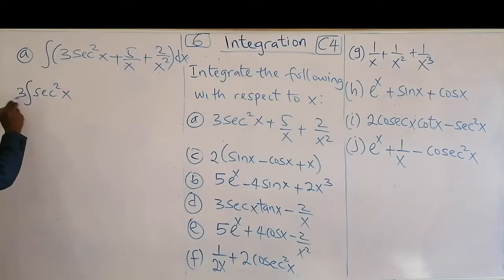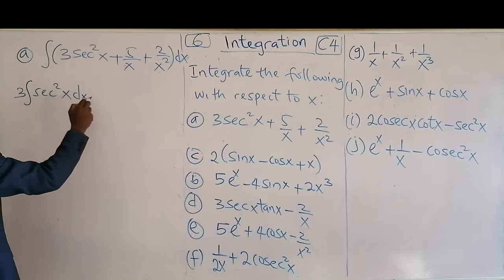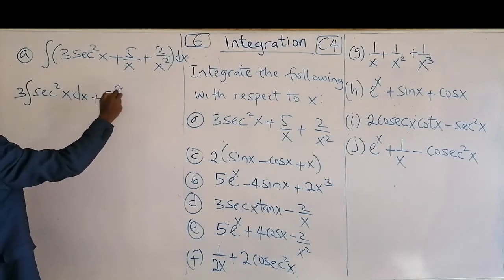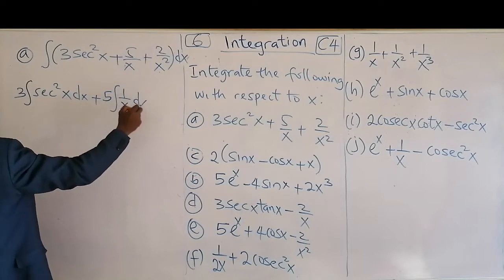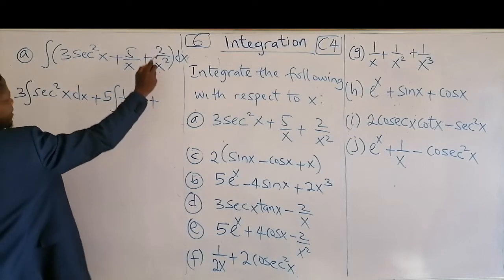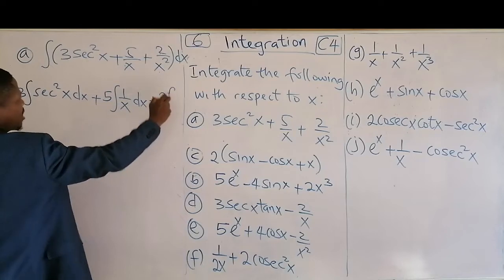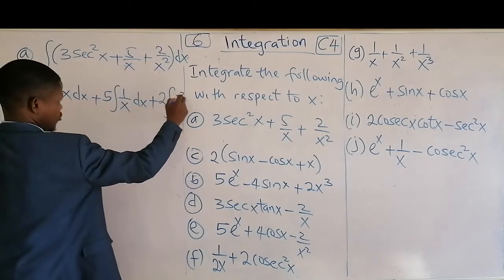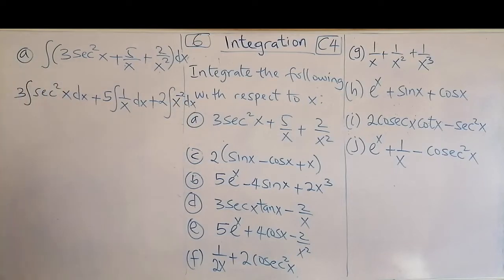This 3 can come outside, then dx, then plus the integral of, this 5 can also come outside, then we have 1 over x dx, then plus, these 2 also can come outside, then you have the integral of 1 over x squared, which is equal to x to the power minus 2 dx. So when you have a sum of functions, the integral is going to be the integral of each of those functions.